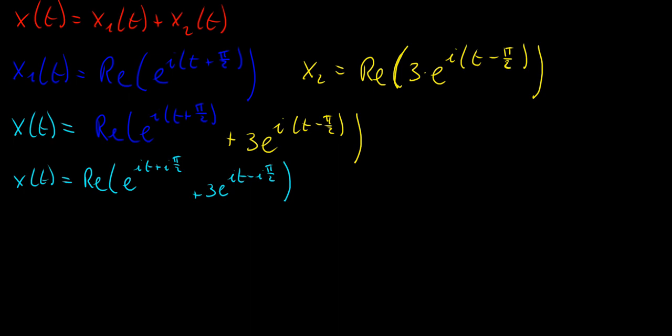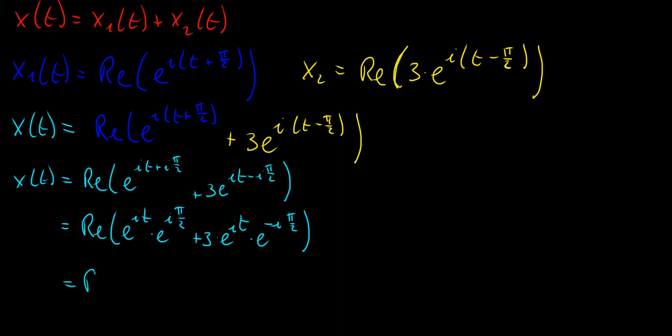Now we're going to split up these powers and try to get an e power out of it. So this is equal to the real part of e to the power it times e to the power i pi divided by 2, because multiplying these numbers together is adding the powers, so we can also split them up, plus 3 times e to the power it times e to the power minus i pi divided by 2, like that.